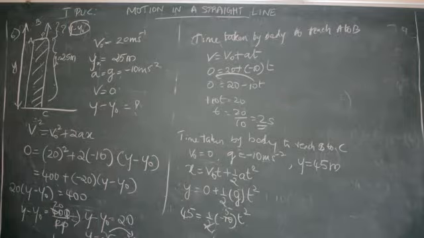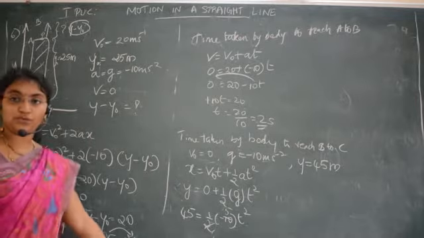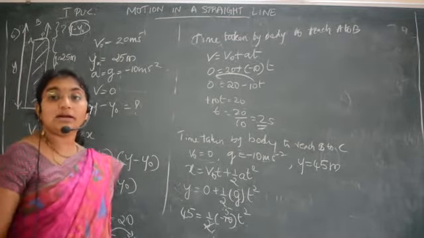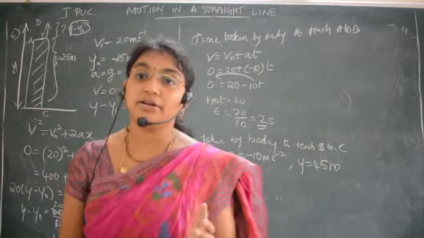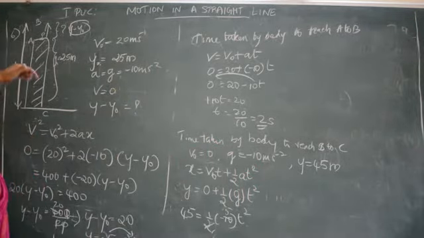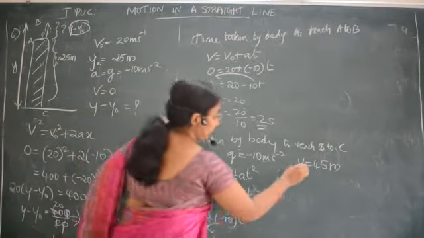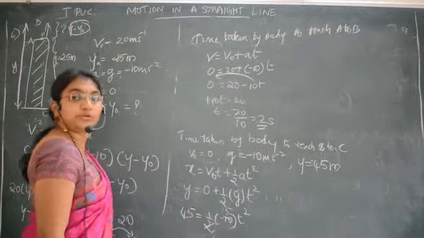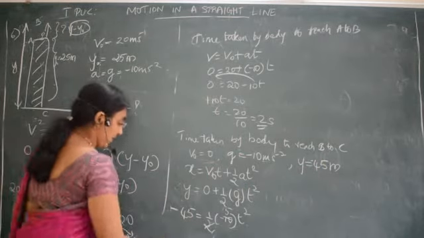One more point: we got y equal to 45, but I have given you the rule that if the body is falling down, y is negative. So put y equal to minus 45.